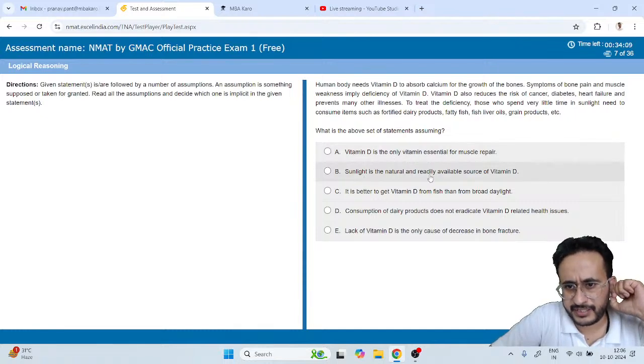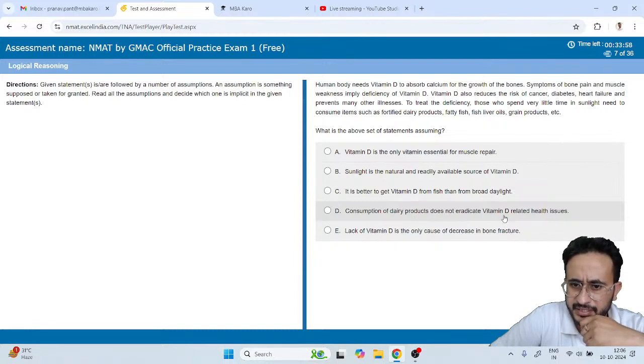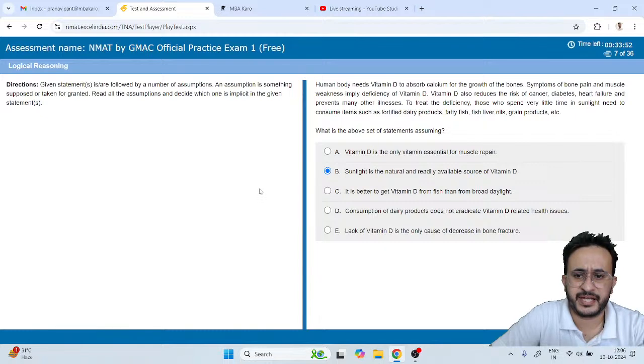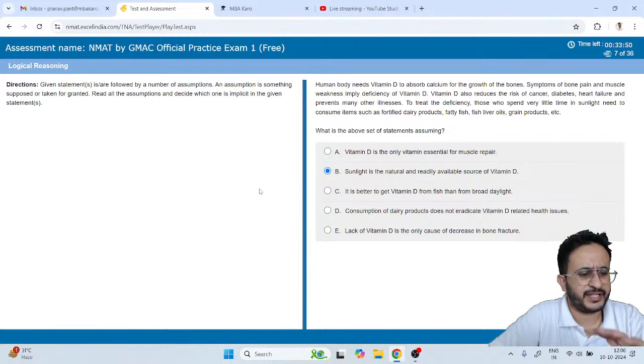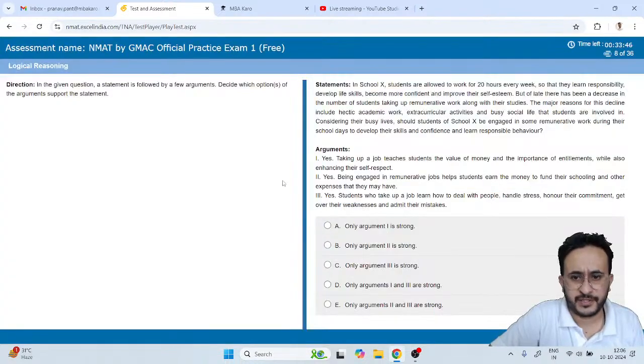Sunlight is a natural and readily available source of vitamin D. Yes, it is. It is better to get vitamin D from fish, not a comparison. Consumption does not eradicate related health issues, not mentioned. Lack of vitamin D is the only cause, extreme. So sunlight is the natural and readily available source. It is saying that if you do not get it from sunlight, then you should go for other alternatives.